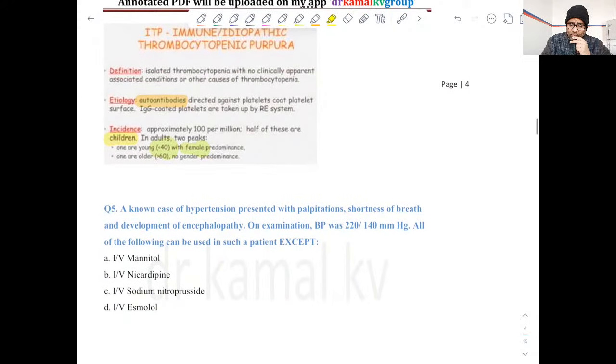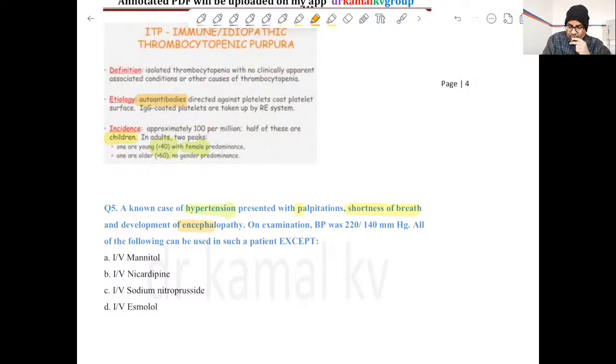Then moving forward, a case of hypertension has palpitations, dyspnea, shortness of breath, and there is development of encephalopathy, brain dysfunction. When you check the blood pressure, it was 220/140 millimeter of mercury. Now, what treatment should not be used?